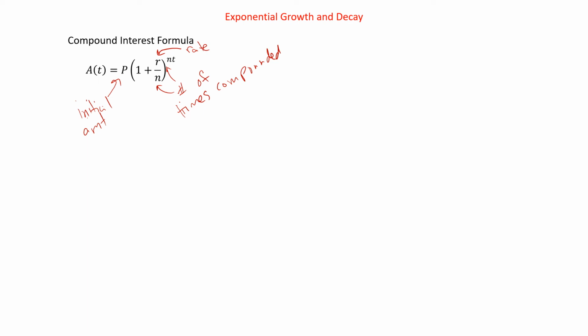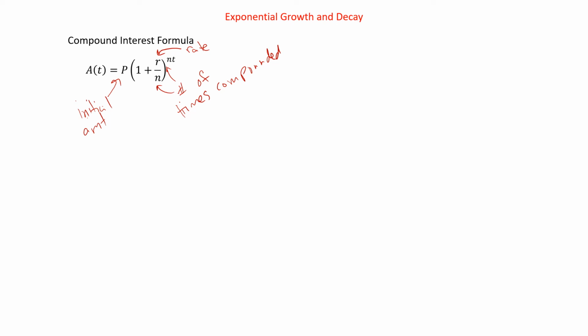If it's compounded daily, N would be 365. And then T would be the number of years, the number of whatever the rate is, like the bigger one. So if it's probably annually, in a question like this, it's most likely the number of years. And so that's how you figure out what your amount is.